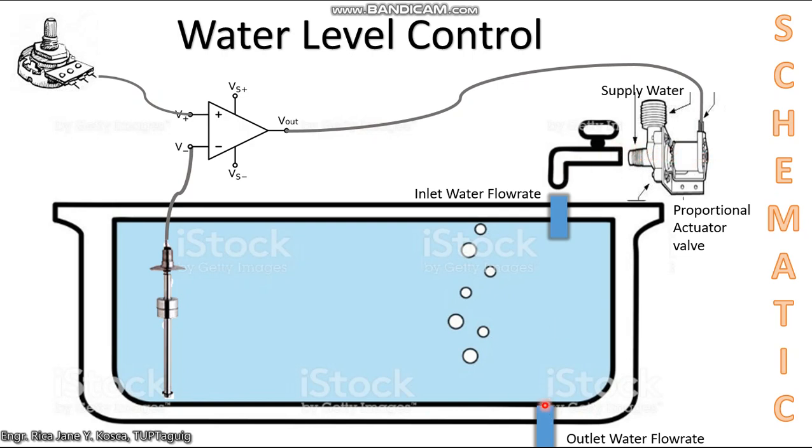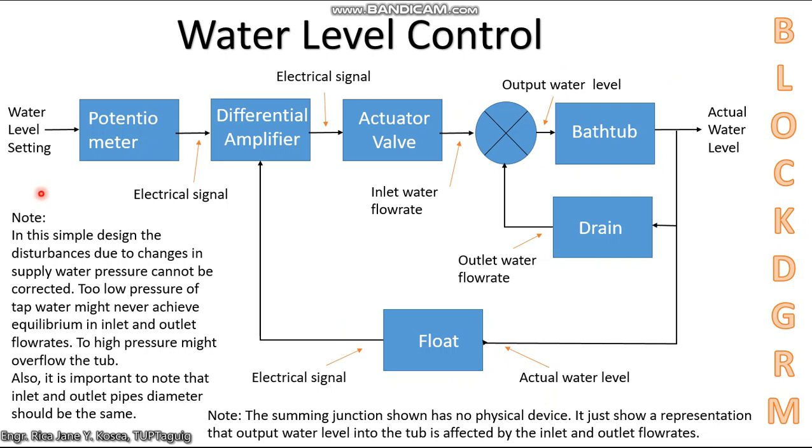Okay, but the flow rate here is fixed because the diameter is fixed. So I have a note here that in this simple design, the disturbances due to changes in the supply water pressure cannot be corrected. Okay, from the top water supply pressure, it cannot be corrected.